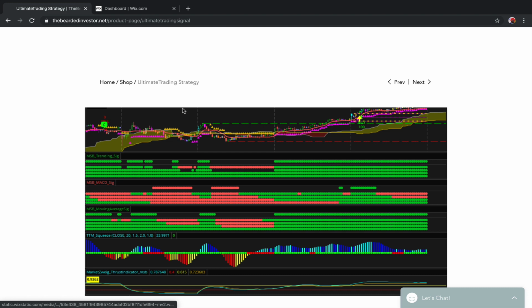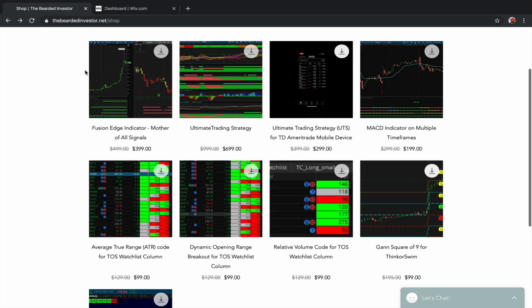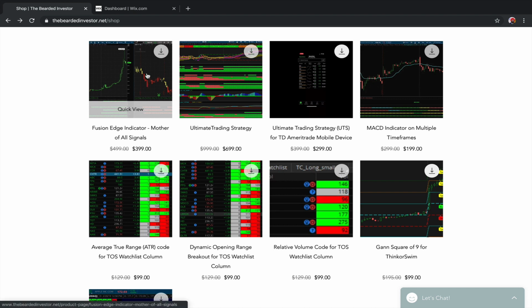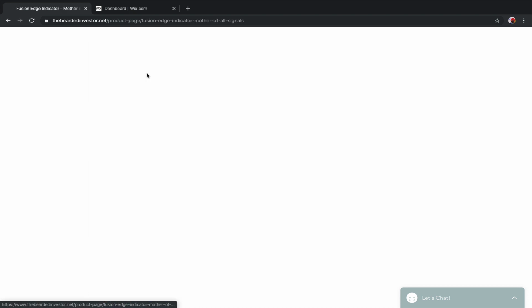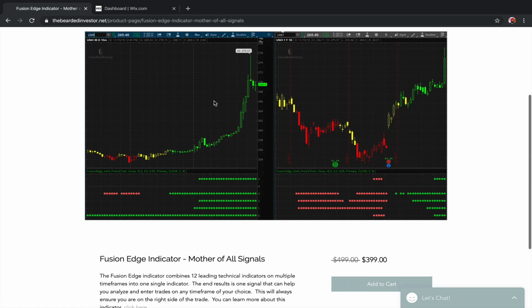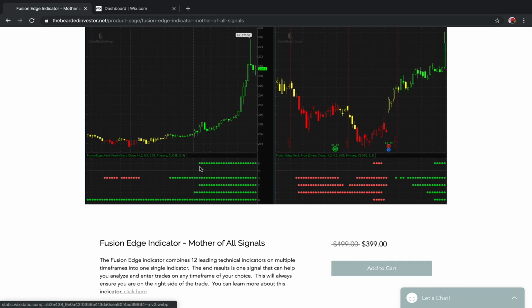That's true for all the products that I have. If you need a little better understanding, Fusion is another signal that I've developed recently, which looks at about a dozen signals combined into one signal. These are 12 signals looking at four time frames, and if all of them are true, as in this case, then the top line is true.